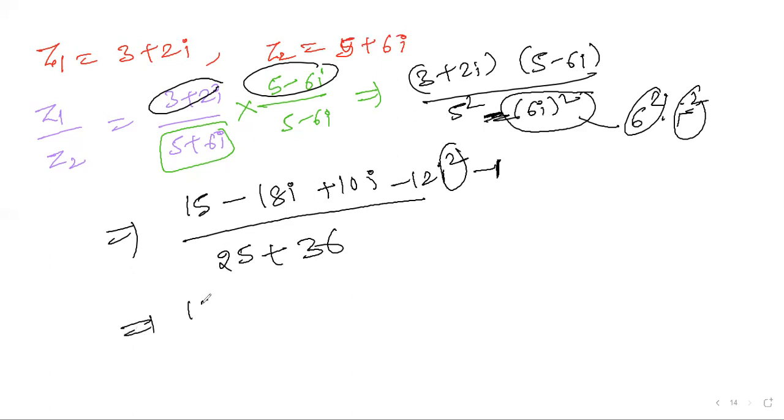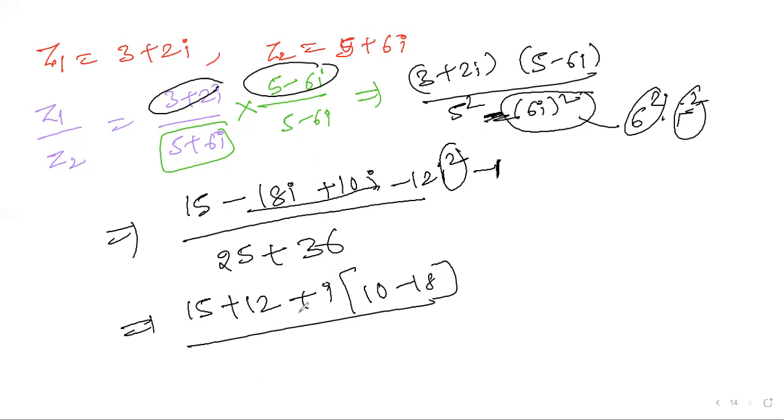Next, 15 minus into minus plus 15 plus 12. Next, I take i common: plus i times 10 minus 18. In the denominator, 25 plus 36 is 61.